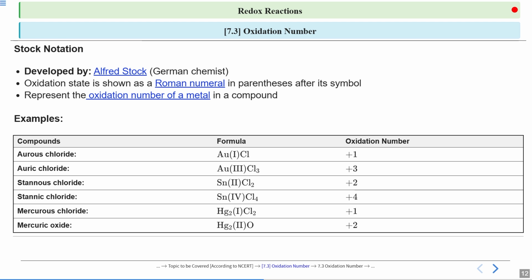So this is the Stock notation, which represents the oxidation number of a metal in a compound. Like if I give you a compound such as Sn(II)Cl2, by looking at this you can directly say that the tin, that is Sn, in this compound has an oxidation number of +2. In Hg(I)2Cl2, the mercury has an oxidation number of +1. I hope this is clear to you.